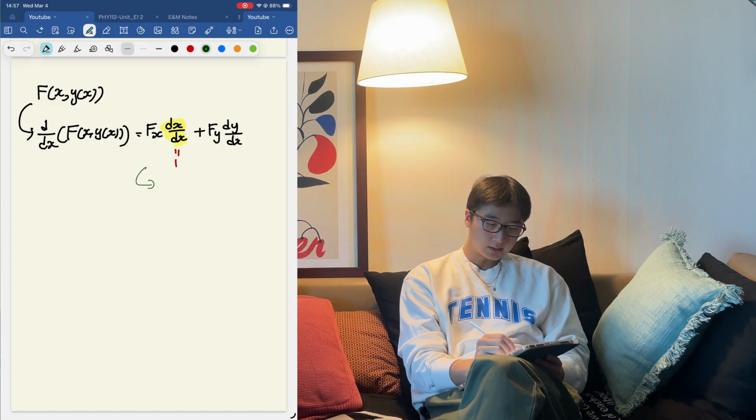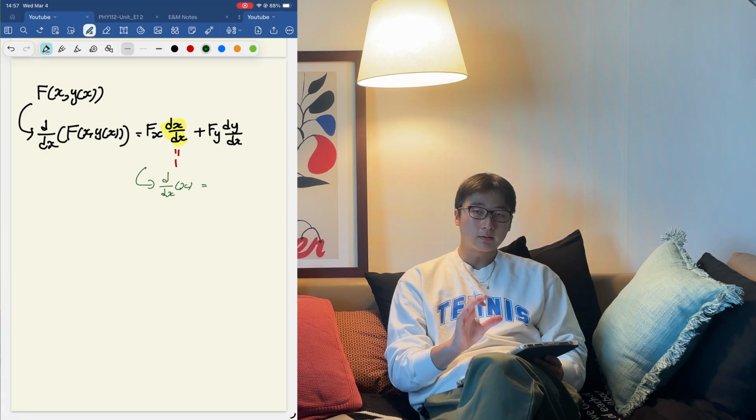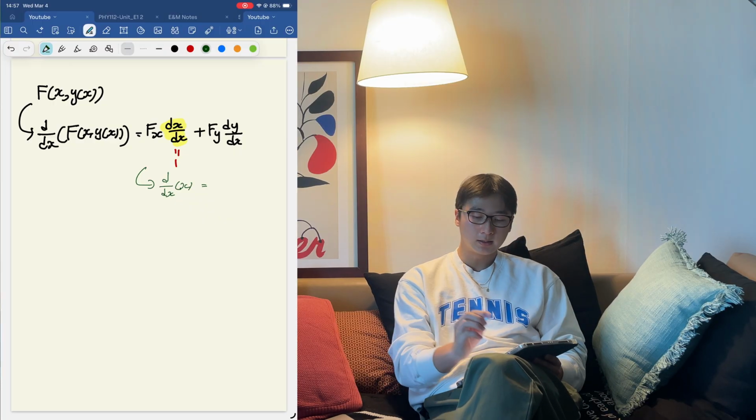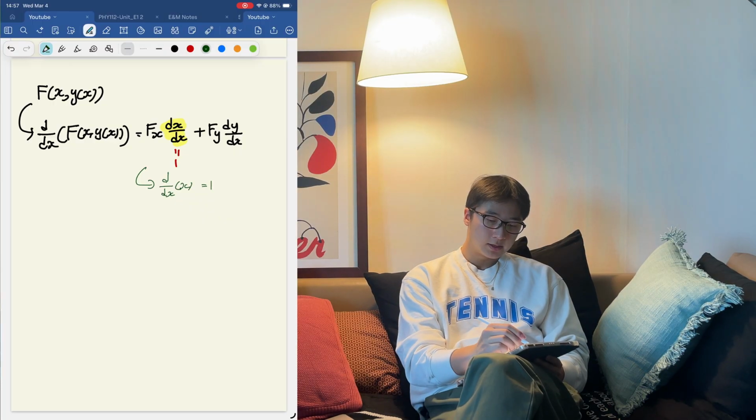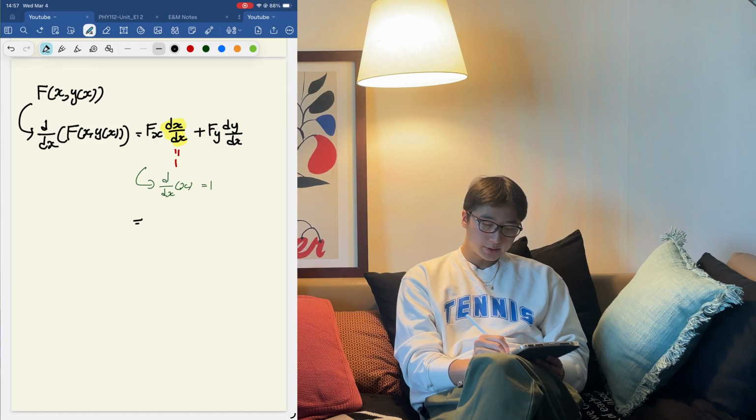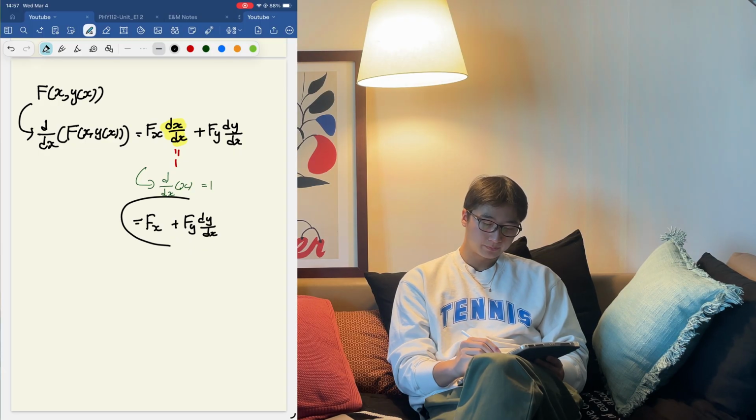More specifically, this is equal to d dx of x. And as you know, the derivative of a variable, any variable like x, y, anything else, is just 1. So we get an equation: partial x plus partial y times dy dx.